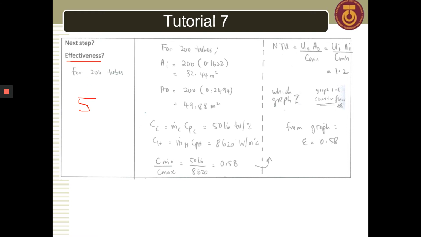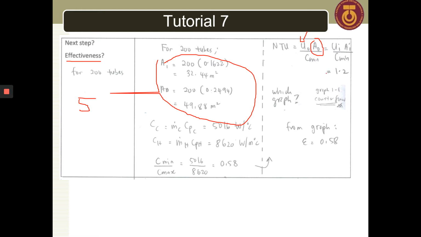So for effectiveness, since you have 200 tubes, you must multiply with 200 tubes here. So that means the overall coefficient is the overall coefficient for one tube, but the area here is the overall area.